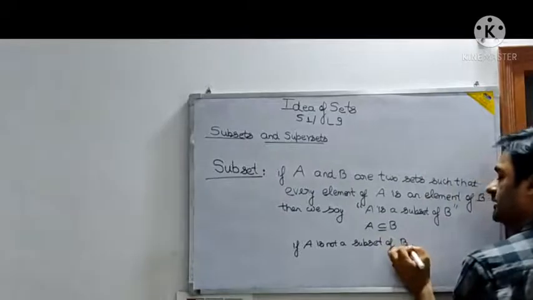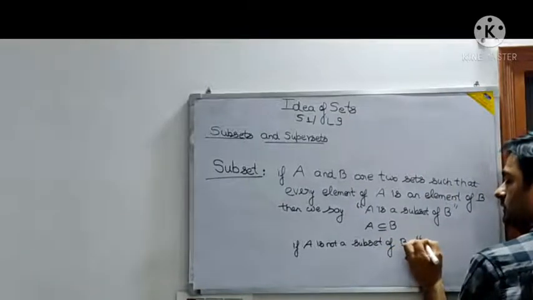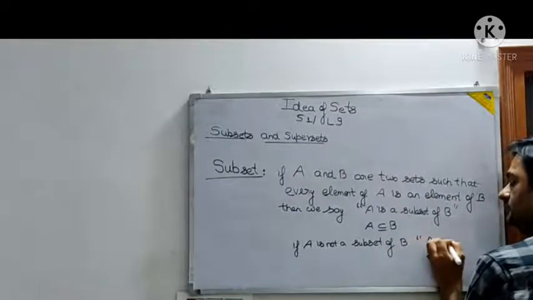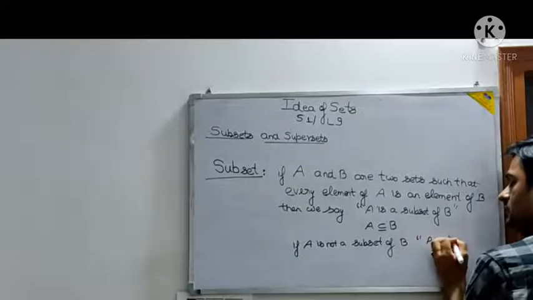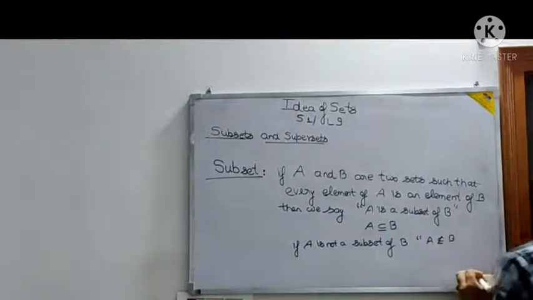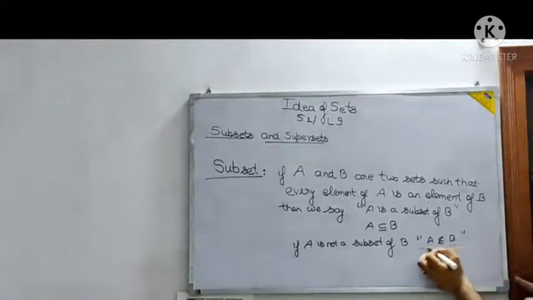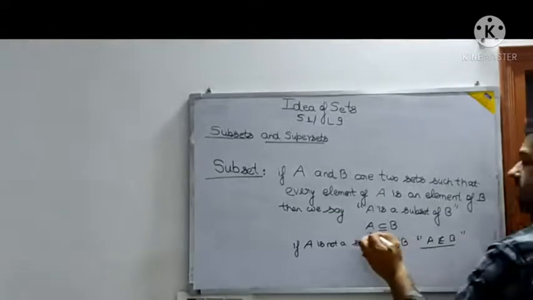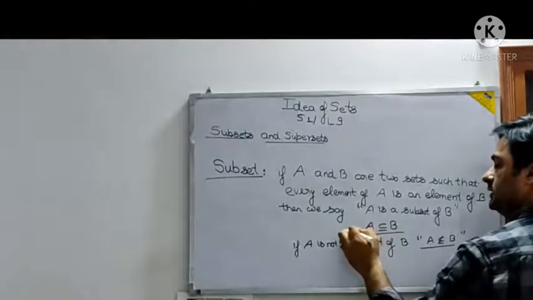How do you represent that? You represent it like A is not a subset of B, just to put a cut there. Okay, we show it like this. The representation is important. Remember it.